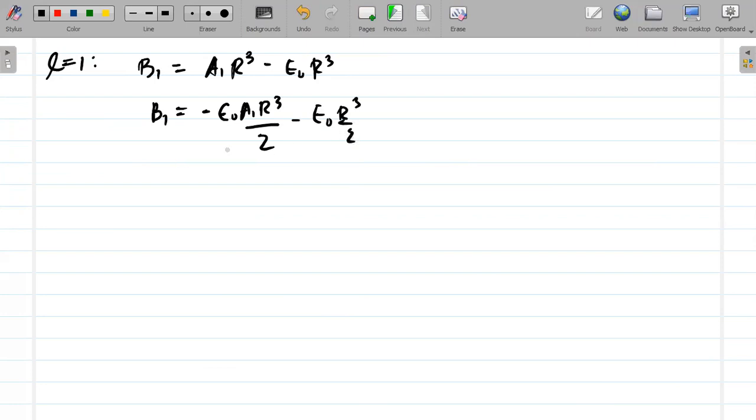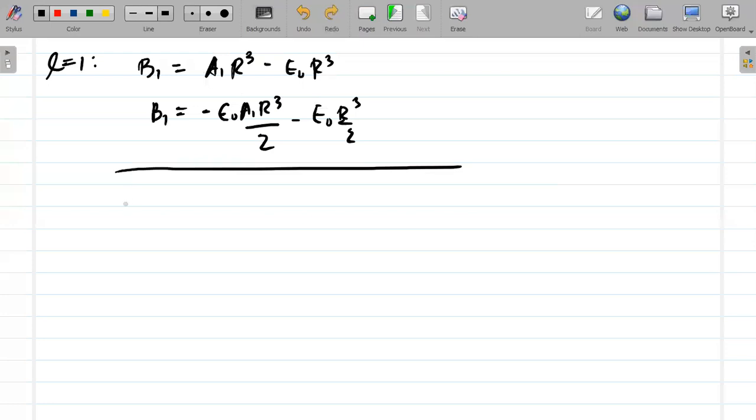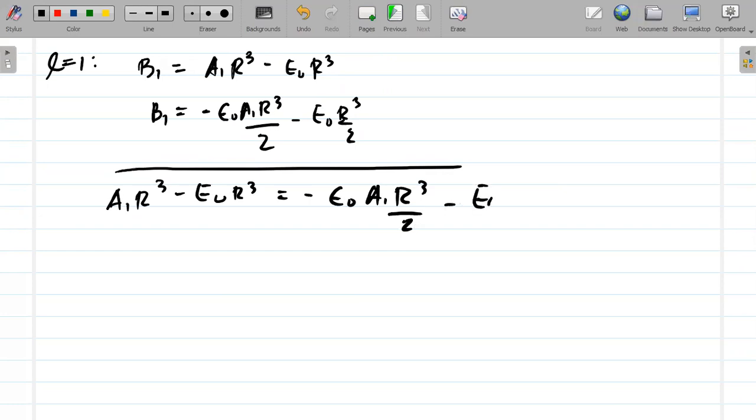So, bali, ano to? System of equations. So, ang gagawin natin, i-minus ba natin both sides? Ay, hindi, equate na lang natin itong dalawa. So, A1 R cube minus E naught R cube equals negative epsilon naught A1 R cube over 2 minus E naught R cube over 2.